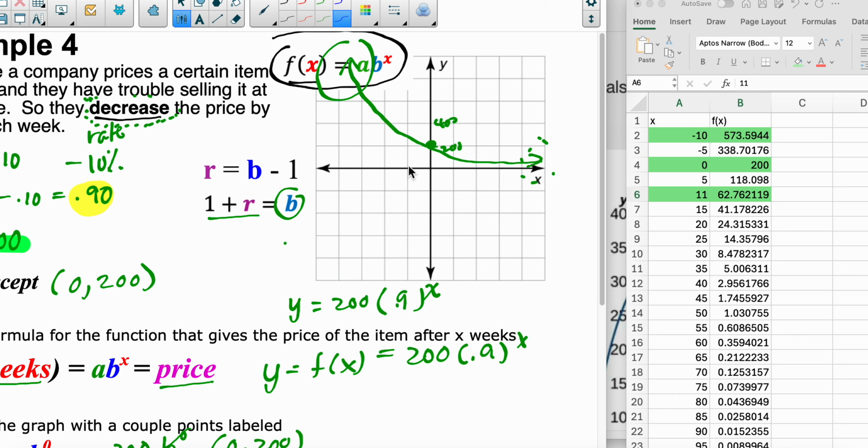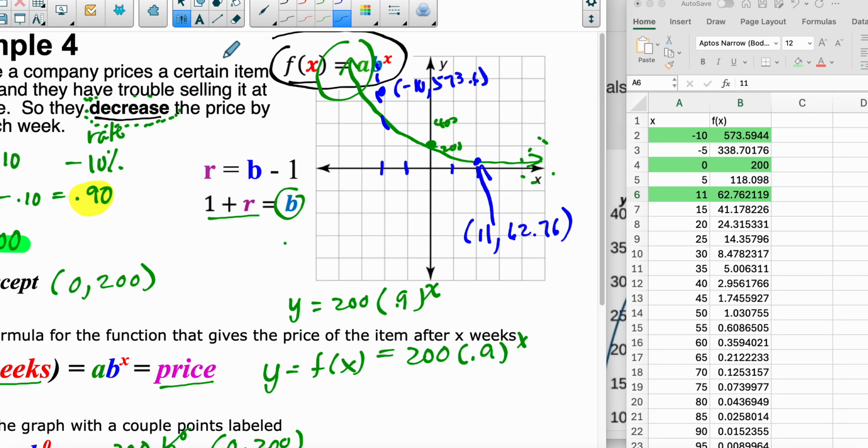We can estimate that. Let's see, 5, 10, 400, 500. Okay, so we could say this is the point (-10, 573.6). And then down here, 5, 10, we could say that f of 11 is equal to 62. So you can see if I had better graph paper, I could come up with a couple additional points and plot them, and then I could get a better sketch of this function.